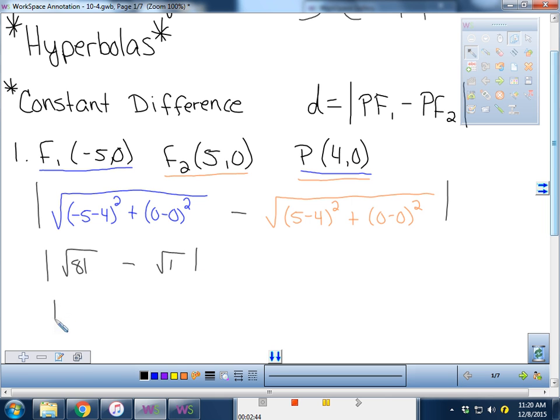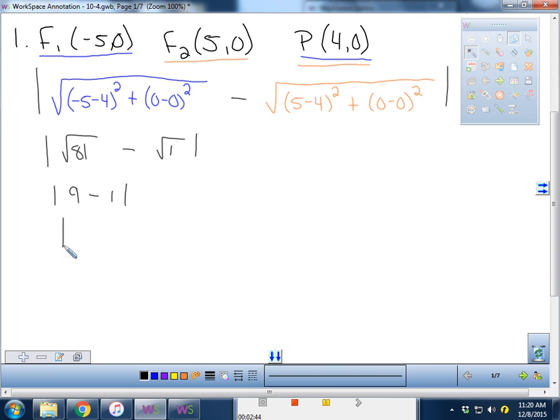So I get the square root of 81, which is 9, minus the square root of 1, which is 1. 9 minus 1 is 8, and the absolute value of 8 is 8. So the constant difference would be 8. I'm only giving you one of those because we've done similar things with the constant sum, and I want to move on.